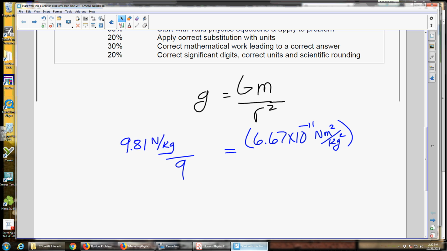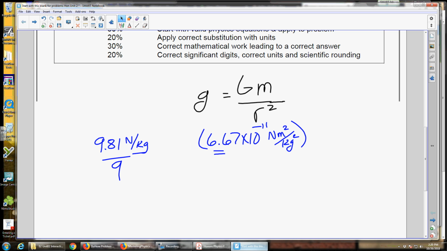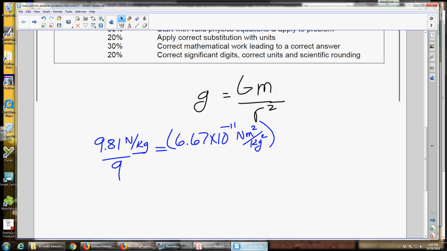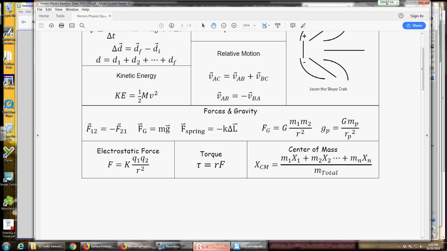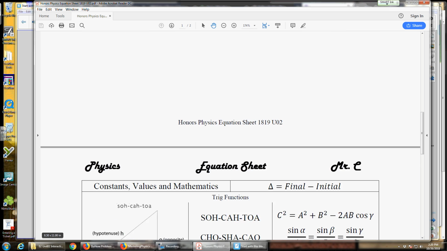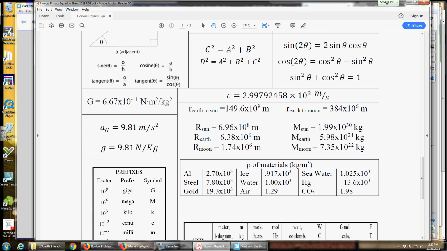I gotta move everything over, sorry. Mass of the Earth. 5.98 times 10 to the 24th kilograms.